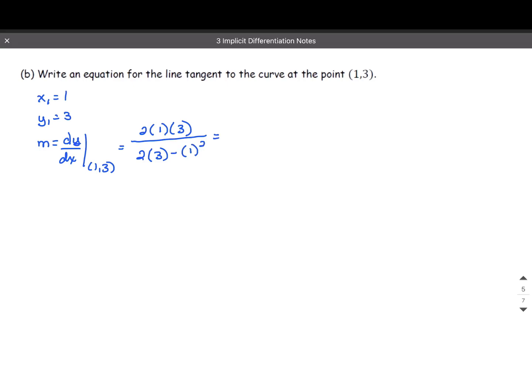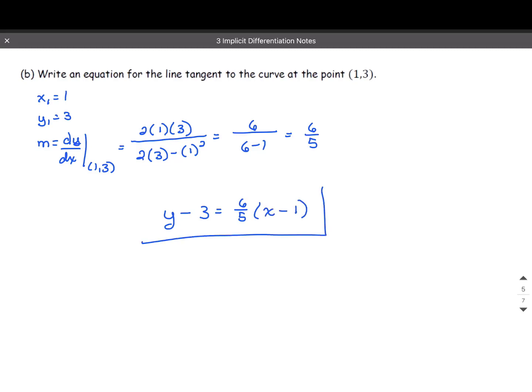So 2 times 1 times 3 is 6, over 6 minus 1. That gives us 6/5. So y minus the y value, 3, equals the slope times x minus the x value, 1. And here's the equation of your tangent line.